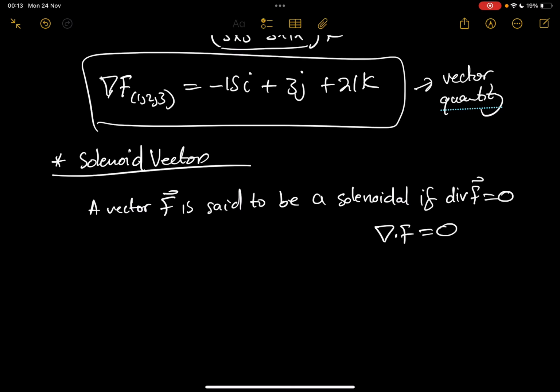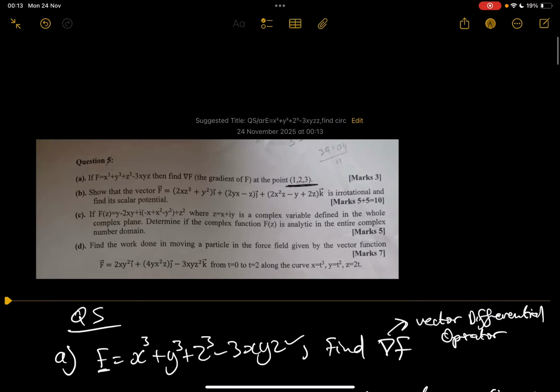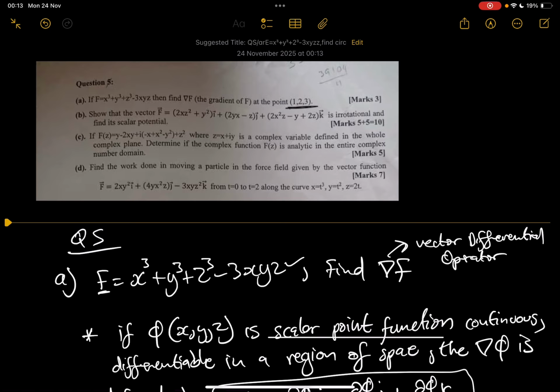So be cautious about the divergence of a vector. If the divergence of that vector is equal to 0, we are saying that vector is a solenoid. So hopefully we'll find the equation here.